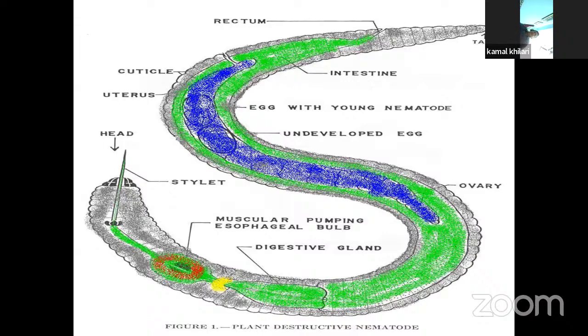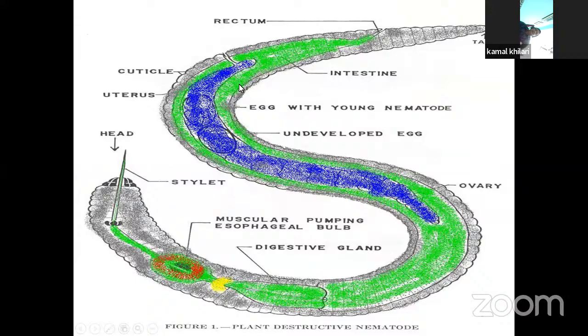So in fact, this is the typical photo or morphology or figure of a plant parasitic nematode. You can see both ends of this nematode: this is the head part, and this is the tail part.